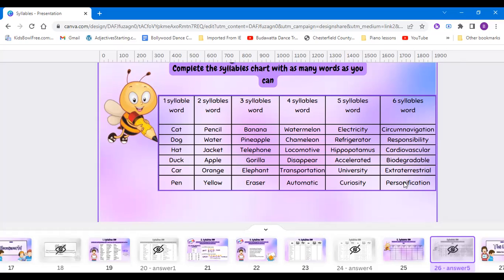And finally, personification means making something a person, or like a person, or treating something as a person. For example, we can say the trees dance in the wind. Usually, writers use personification a lot.